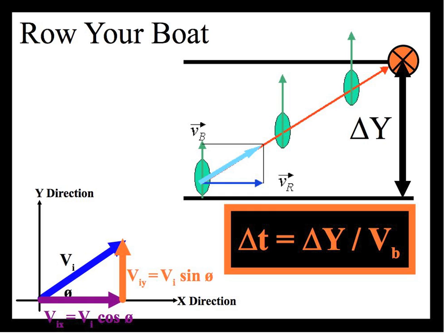That means we can determine the time it will take us to cross the river by looking at delta t equals distance across the river, delta y, divided by the velocity of the boat that we are rowing straight across the river.